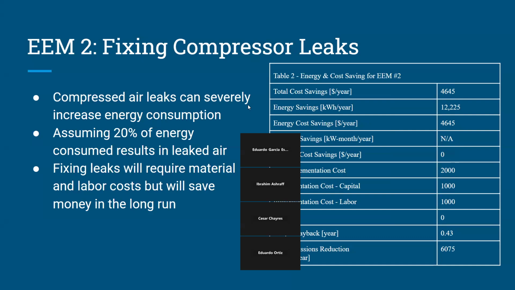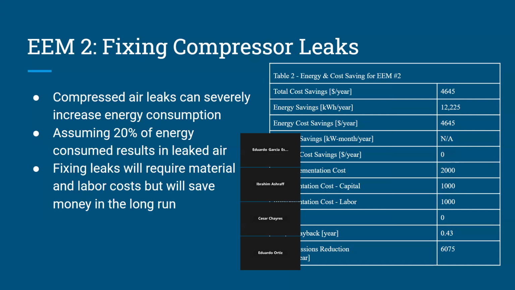So basically, we're assuming that about 20% of the energy consumed by the compressor results in leaked air. This results in about $4,000 per year of lost energy.